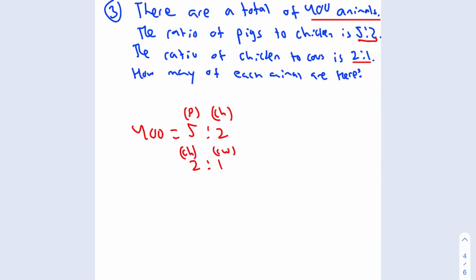And since these two numbers are the same, this can be put right here, which will be 1. That's for the cows. So if we add these all up together, you should get 8x. 8x is equal to 400, divided by 8, x equals 50.